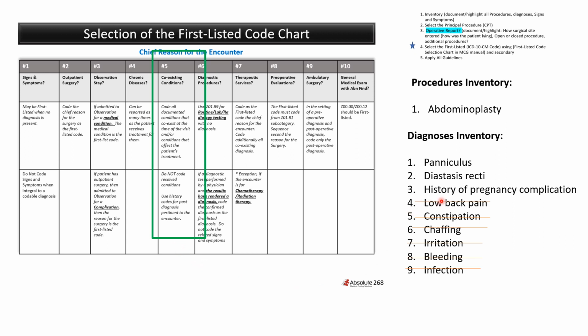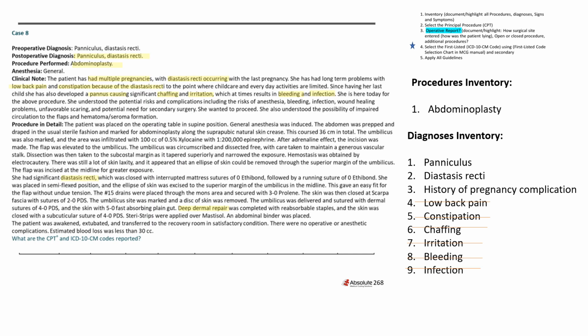All right, so we do have a history code, and I believe pregnancy complication should be coded because it is pertinent to the encounter. How do I know? If we go back to the documentation, you will see that the clinical note says that diastasis recti occurred with the last pregnancy. The provider or the surgeon is connecting this condition with the last pregnancy, so that means that this is a pregnancy complication.